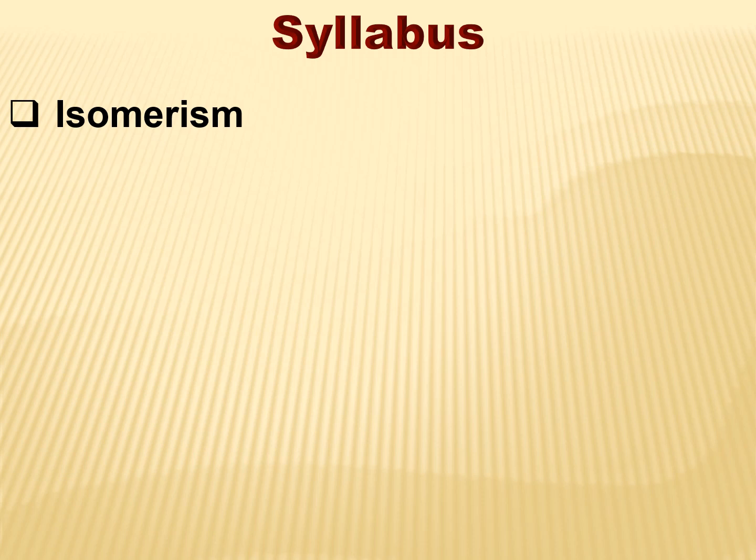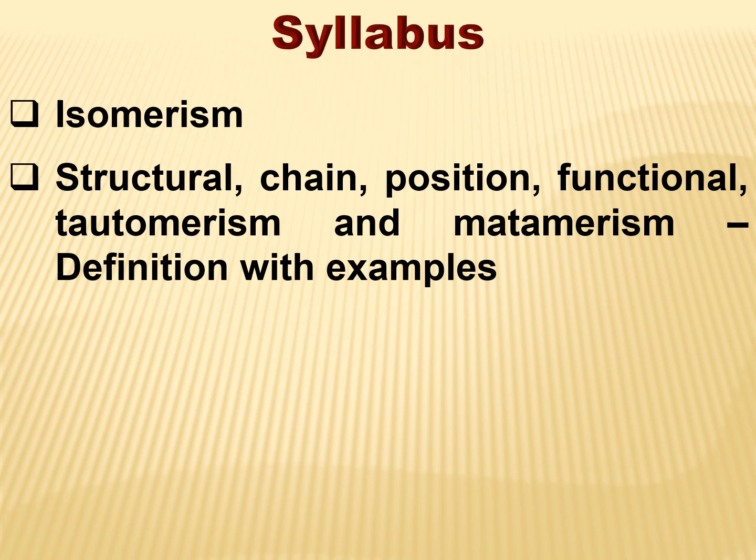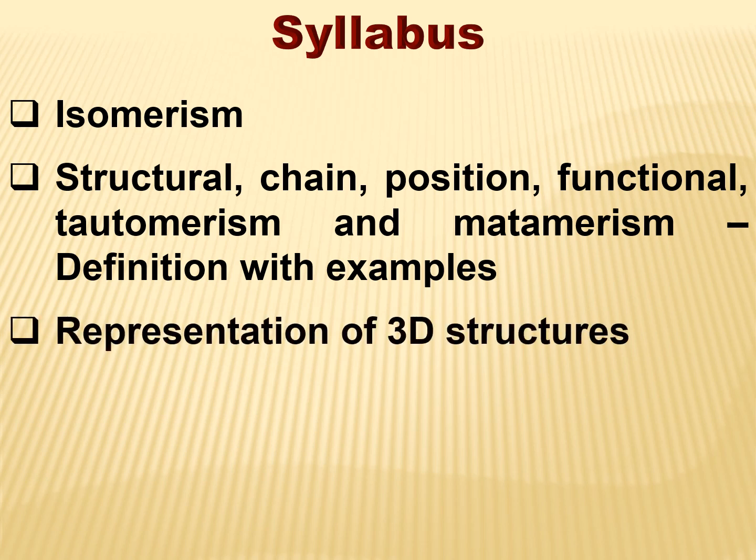So we will classify isomerism, and in that classification you will be learning about structural isomerism. Structural isomers can be further classified into chain, position, functional, tautomers and metamerism. So we'll be discussing about that, and then we'll be seeing how we can represent three-dimensional structures of organic compounds on paper.